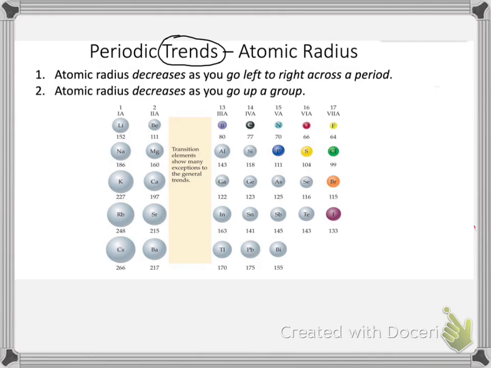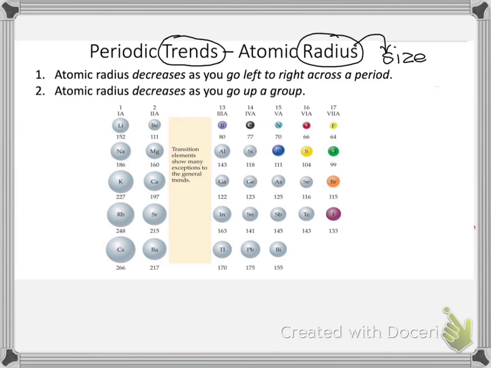So the first trend we're going to start with is the atomic radius, which is another way of saying the size of the atom. If you look at this, this is just a portion of the periodic table. It's a visual where they've drawn different size circles to indicate the size of the atom.